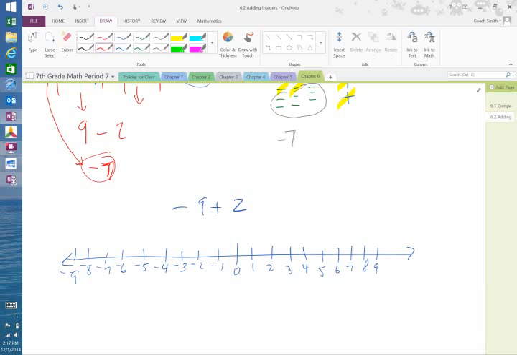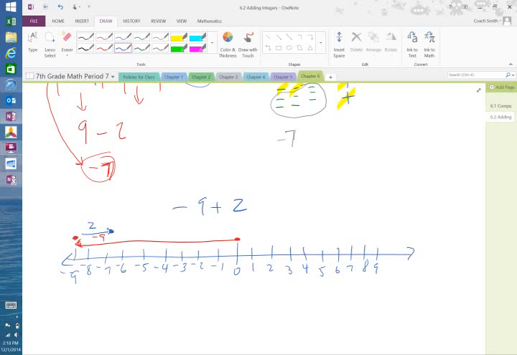Well, if I start at 0, right here, and I move negative, do I move left or right? Left. I move left 9 units. So that would be -9. So I'm right here now. Now I have to go back to the right 2 units for the +2. Okay, thus putting me at -7.